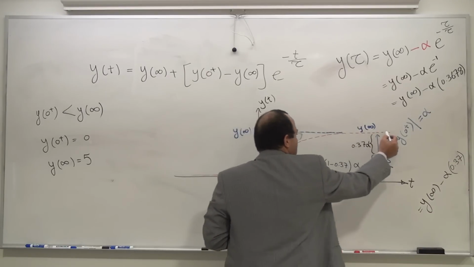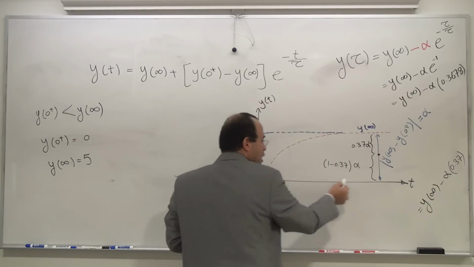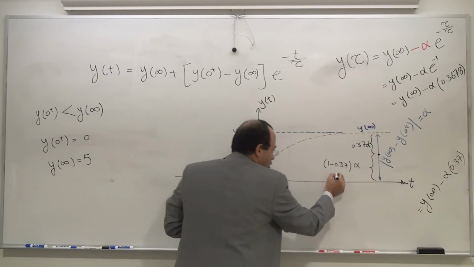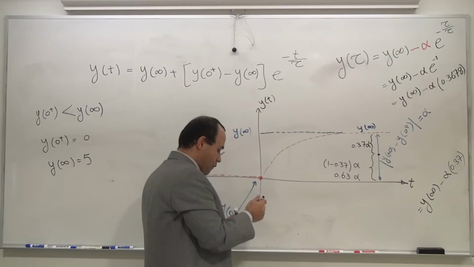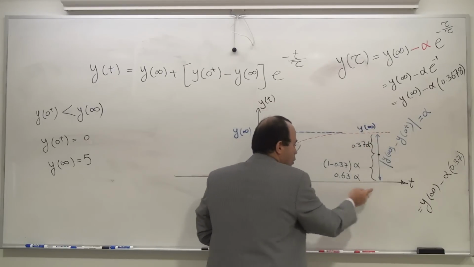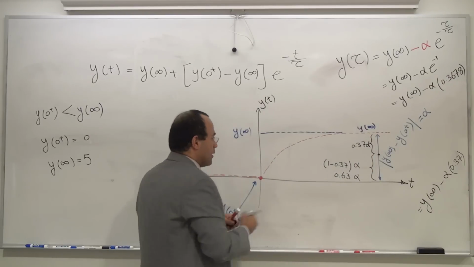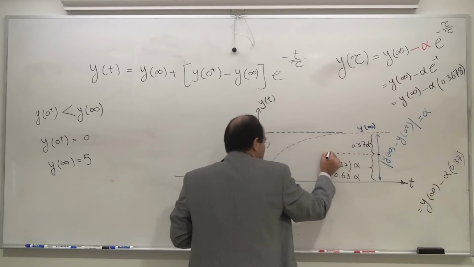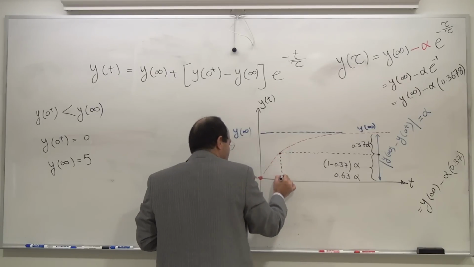Whether you find y of infinity and you come down 37% of alpha, or you find y of 0 plus and you go up this value, which happens to be 0.63 alpha, just subtract this. So, you either come in 37% alpha less, or you come in 63% alpha more. You are going to come to the same point. The point hasn't changed.